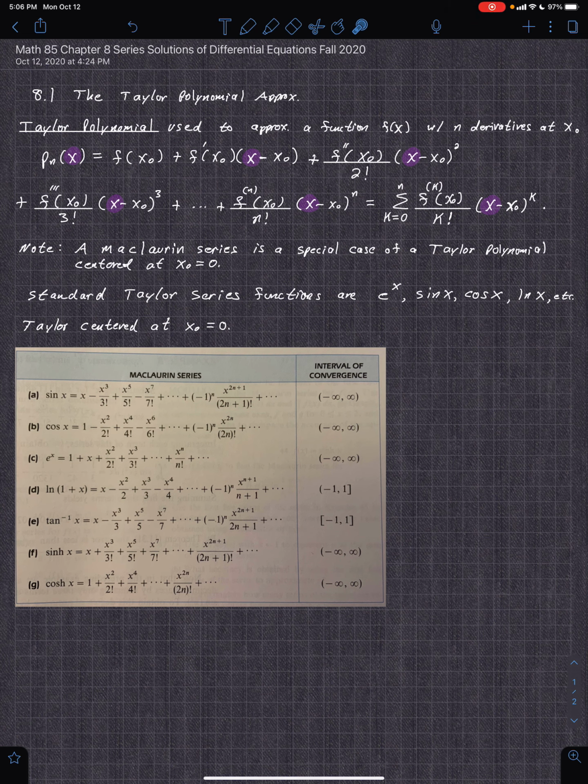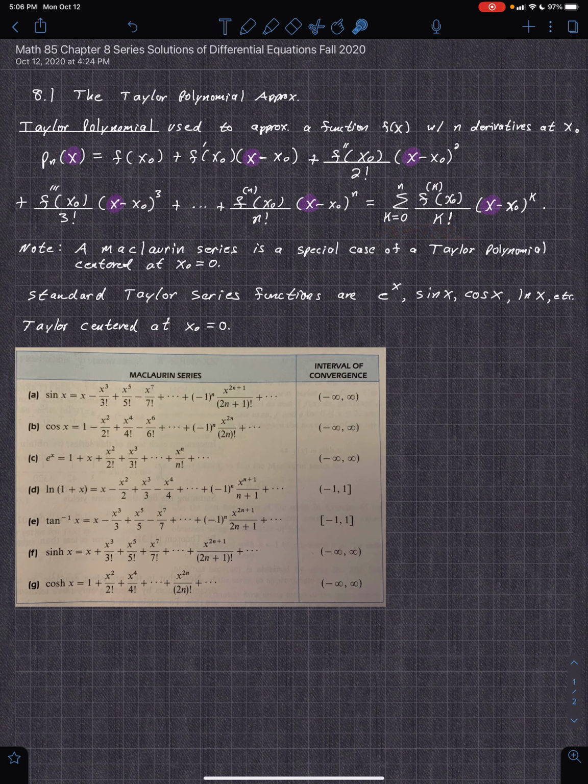All those match. And then here's your general form. Then you get theorems that say when there's convergence, you take the limit as n approaches infinity, and you get the exact function.